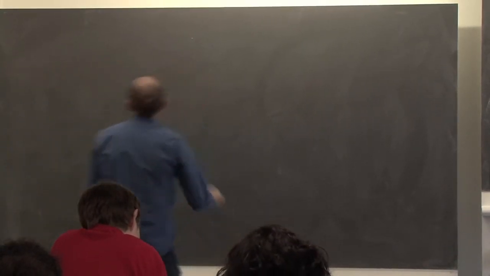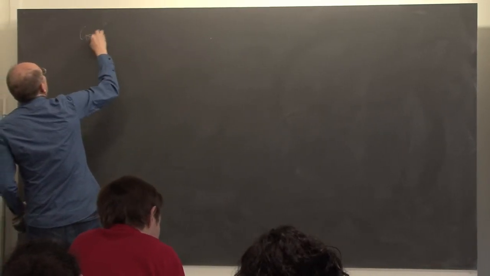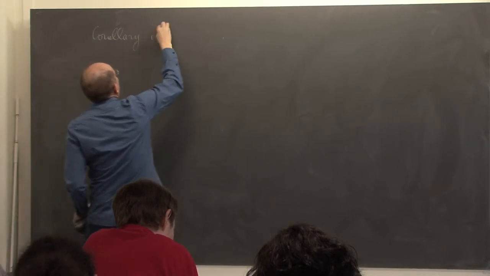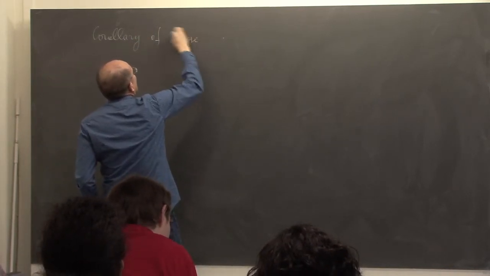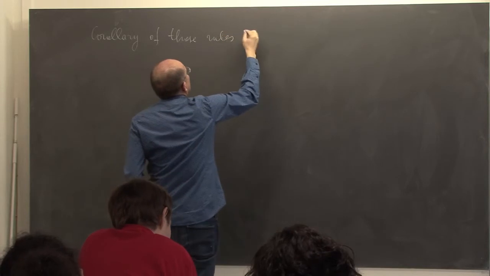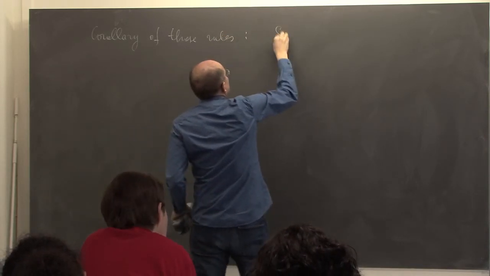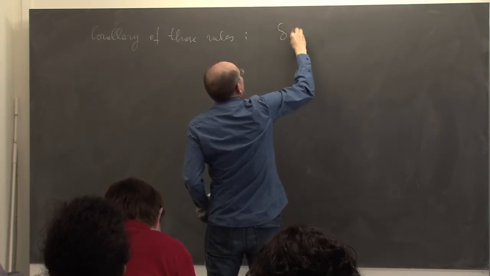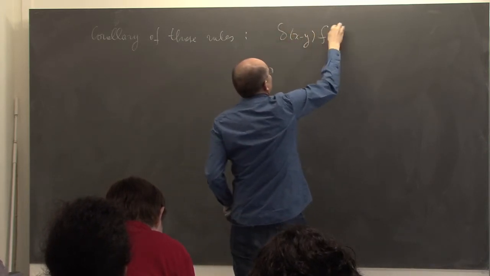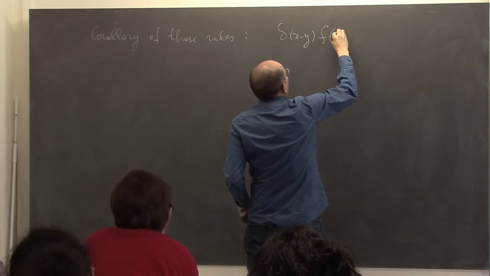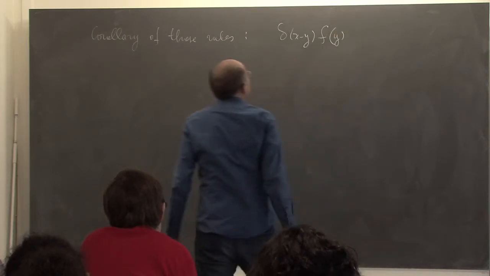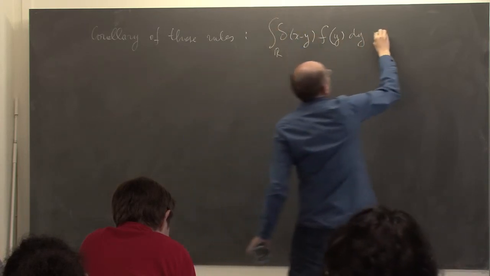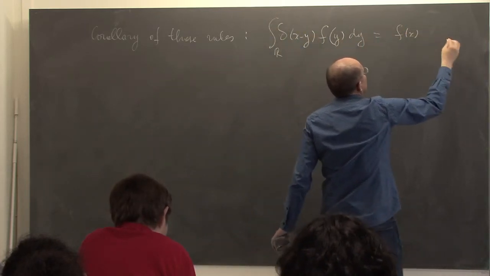And so the corollary of those rules: if you integrate delta of x minus y with f of y, then you get f of x.